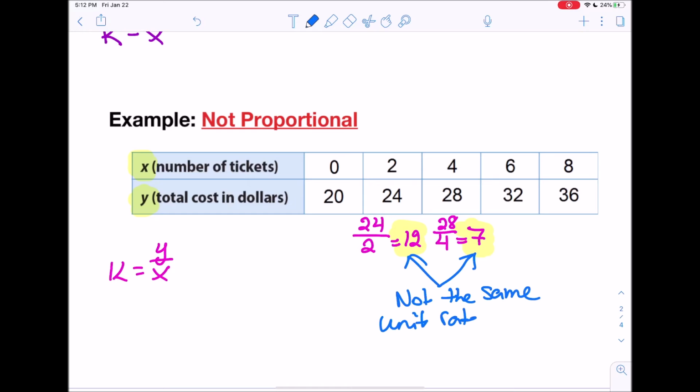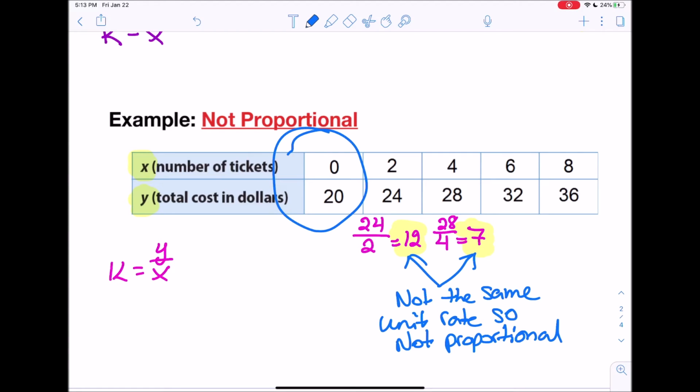It's not the same unit rate, so not proportional. Another clue that this table was not proportional, the relationship between y and x was not proportional, is here.